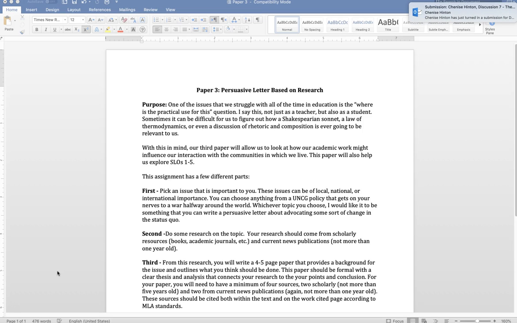Okay, this gets us into the second part of this paper. Do research on the topic. You're going to see this this week. In addition to this, there's also a few lectures that are not from me, they're from the library about academic research, and a few links to things about evaluating sources and things like that.